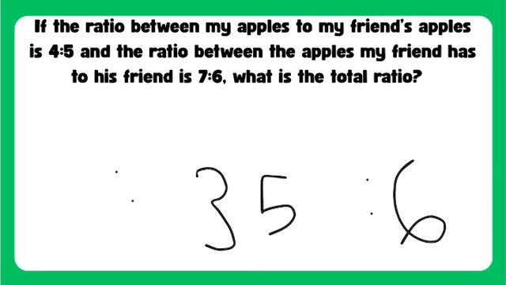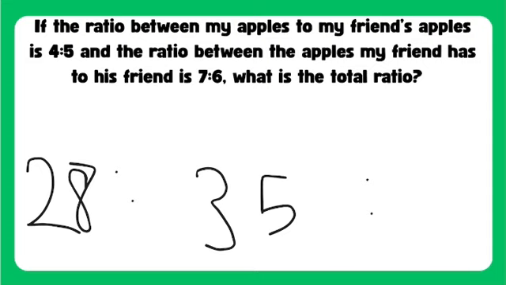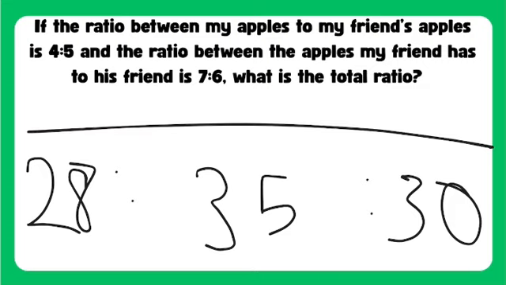So I will be multiplying this by 7. So over here we had a 4, so it became 28, and I actually made a mistake. Over here we multiplied it by 5 for this ratio. So we will do 6 times 5, which gives us 30, and this is the ratio, 28 to 35 to 30. I made a small mistake. This is our answer. So now we are done.